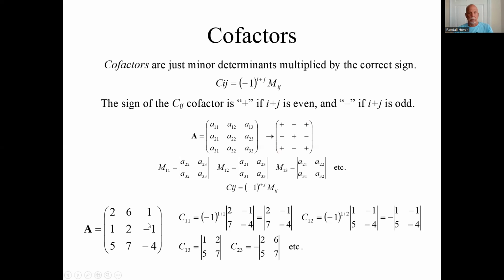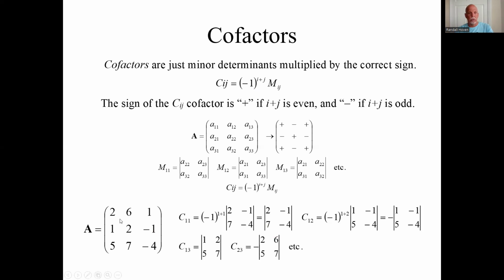I guess let's do a couple things here. I'll do the C11 and C12 terms. C11: we remove the first row and the first column, so it's 2 minus 1, 7 minus 4. And 1 plus 1 is 2, so it's just a plus.